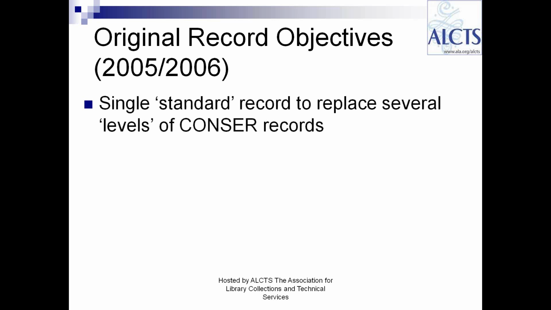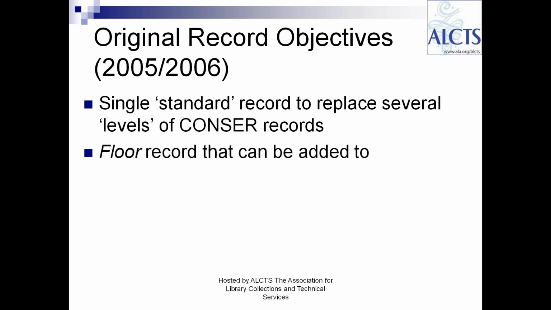So what we were hoping to do at the time was to create a single standard record that would replace several levels of CONSER records. At that point, we had four or five encoding levels that were fairly common with CONSER records. We wanted to minimize those and minimize any confusion associated with those.